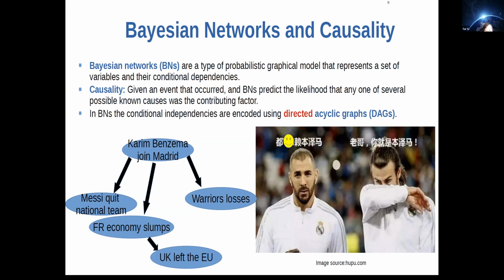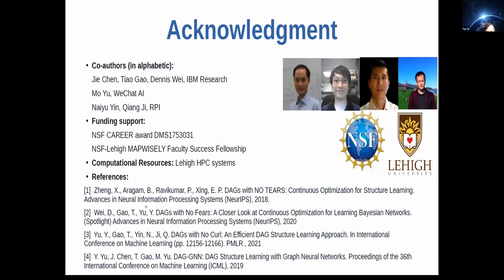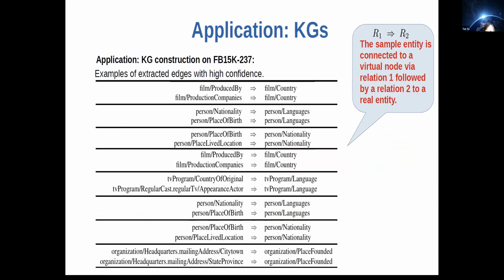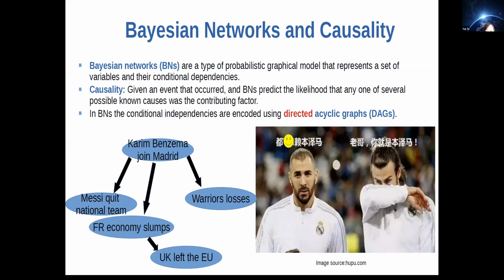So Benzema joining Real Madrid caused the French economy slump. Then, because of the French economy slump, France doesn't work with the UK anymore, so that caused the UK to leave the European Union. Of course, this is just a funny example.